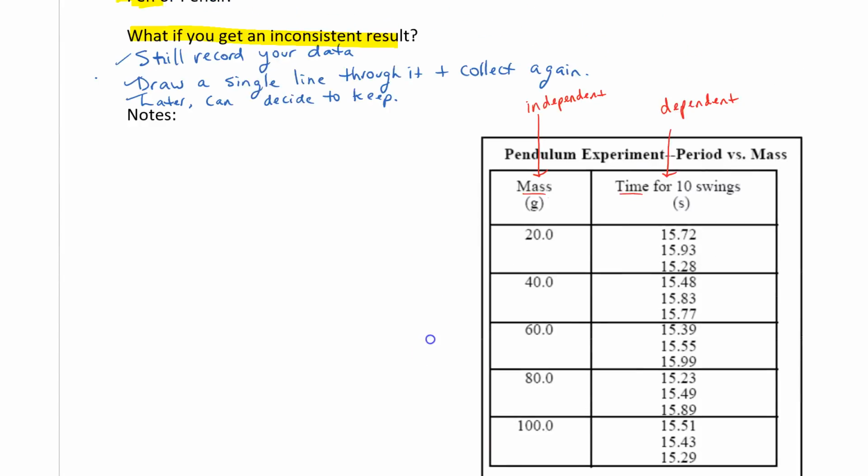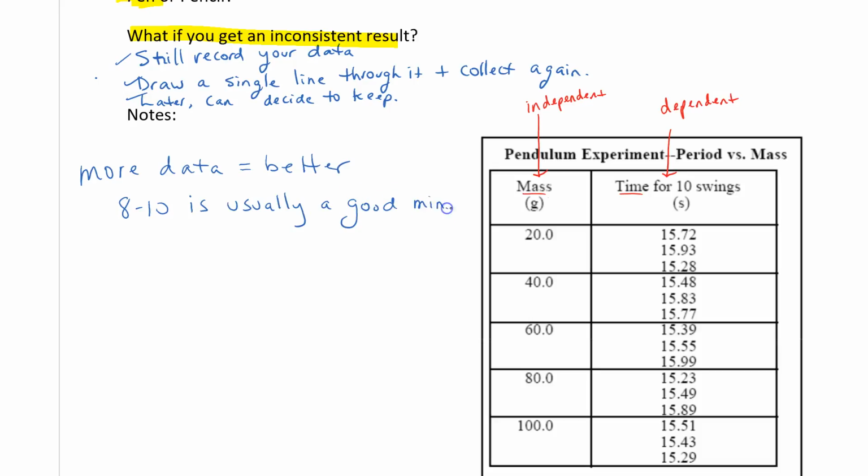Might write a couple of notes too about how many data points. So more data points is better. I'm going to say 8 to 10 is usually a good minimum.